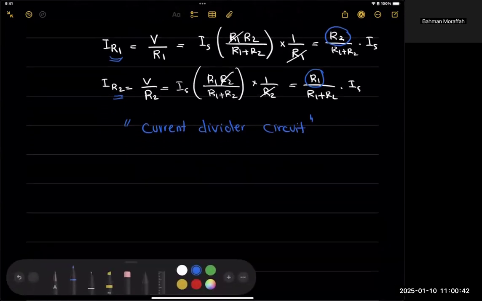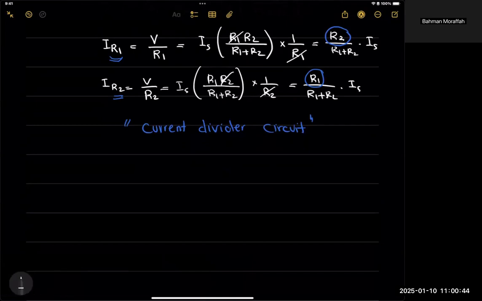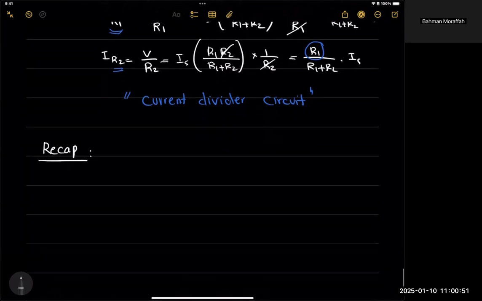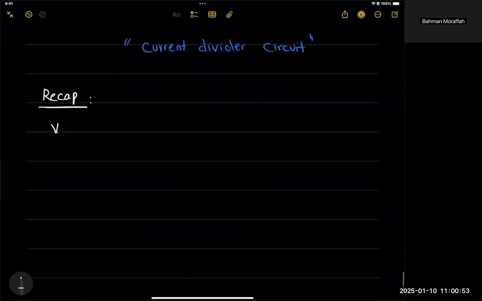So let me quickly put these two things together. Recap. We talked about two circuits: voltage divider and current divider.